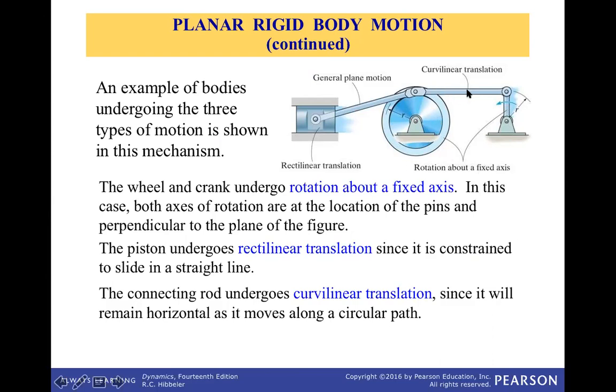This part here will have curvilinear translation. It's going to be going down this way and this way. Because this R and this R are the same, if you look at this body and think about the next moment, this end is going to be at this point, and the other end at this point.